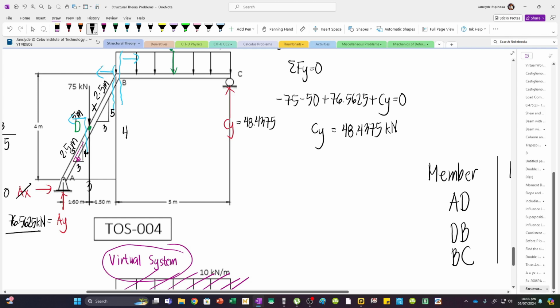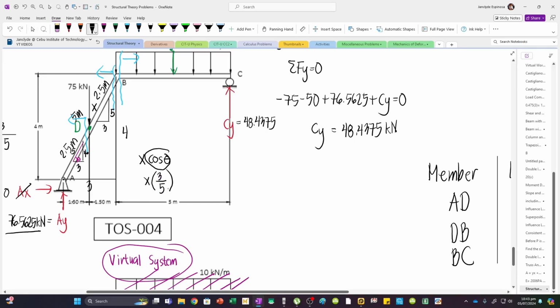Now, if you want the horizontal distance in terms of X, then that's why we're going to use 3/5, which is cosine theta. So, the horizontal distance is X cosine theta. But cosine theta is just equal to 3/5, the ratio of the adjacent side to the hypotenuse. So, X times 3 over 5.